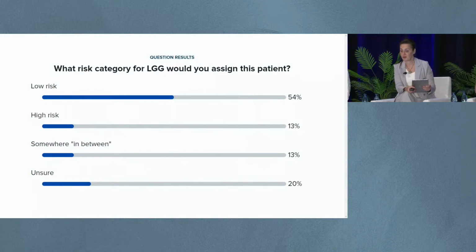Okay, 54% low risk, and everything else is divided.